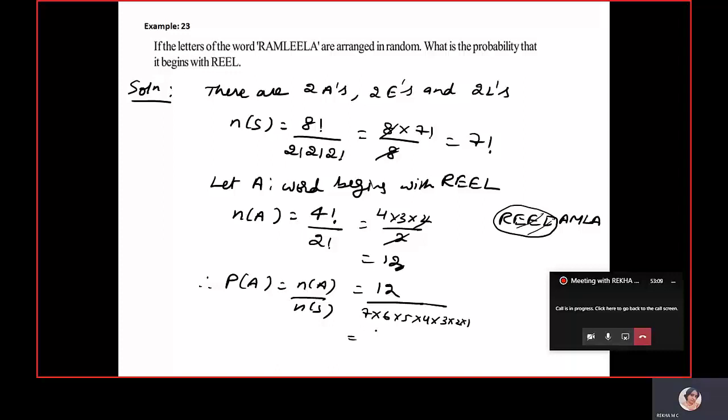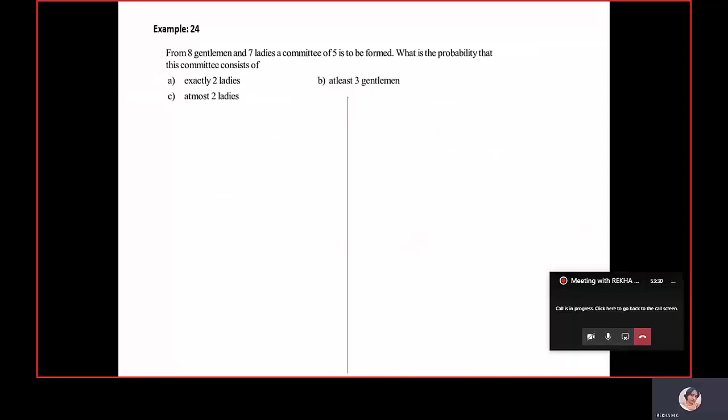So the 12 cancels, and you get 1 by 420. So 5 into 4 is 20, 3 into 2 is 6, 6 into 7 is 42, so 420. So next sum.